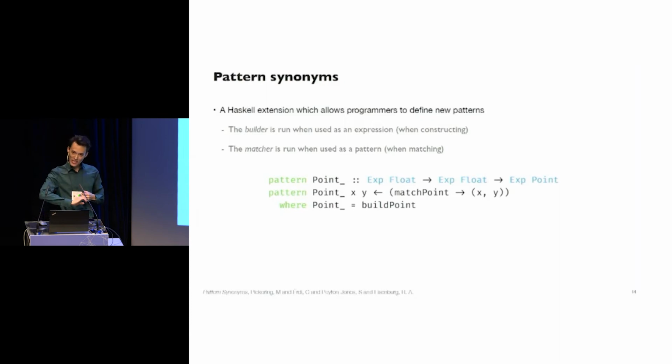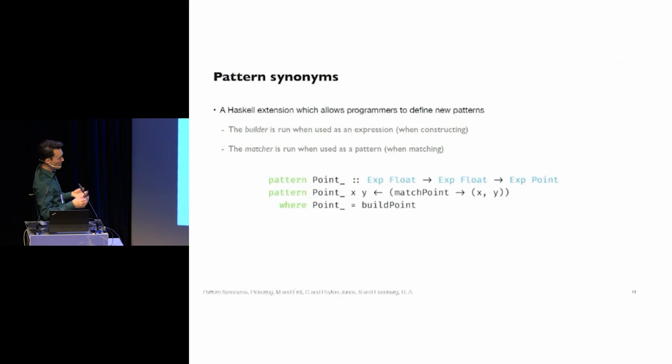So this is bidirectional pattern synonyms, explicitly bidirectional. So I'm running a different function on constructing and when matching. And these use the definitions from the previous slide. So these are just functions that will piece together the abstract syntax of my embedded program as necessary.